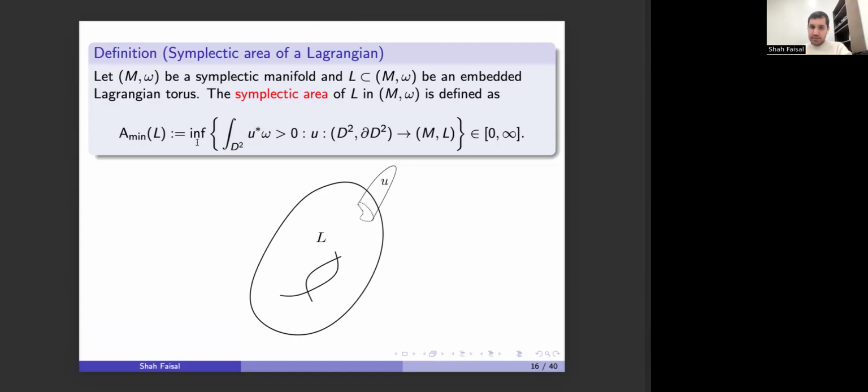Then you take the infimum over the symplectic area of these smooth disks. So you are going to get some number between 0 and infinity. Of course, if there is no such disk, you are going to get plus infinity. And this number is called the symplectic area of L.